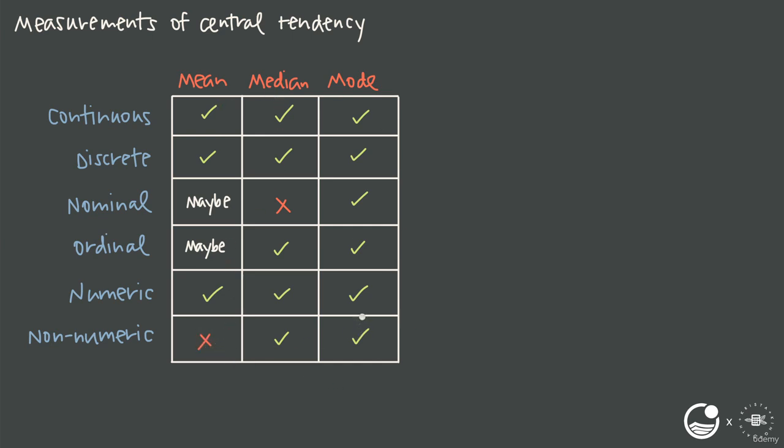But in all these other cases, we should be able to calculate some kind of mean, median, mode for the data. For instance, we could think about continuous data, like a measurement of height for a group of people, and we could imagine, of course, that we could calculate a mean height for that group of people. We could also think about a set of discrete data, maybe the number of children per family in a data set of families.